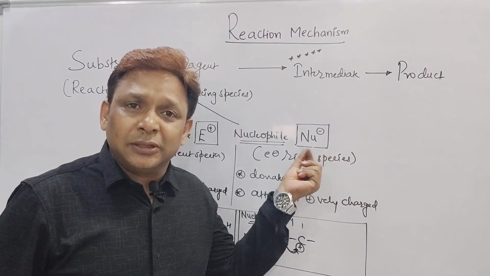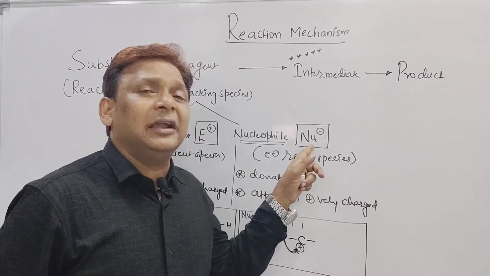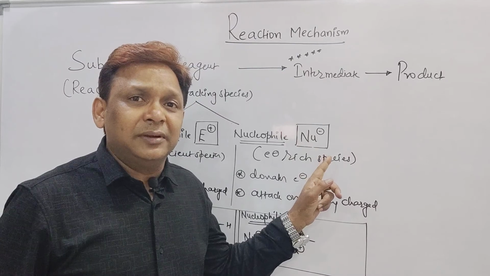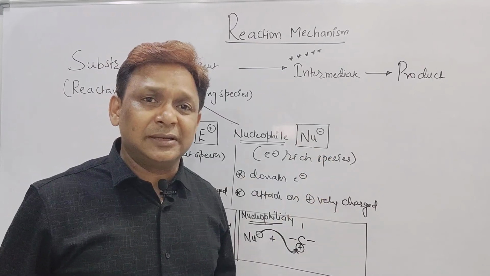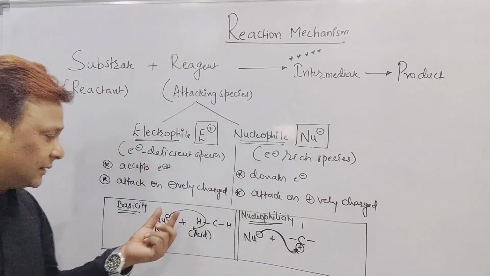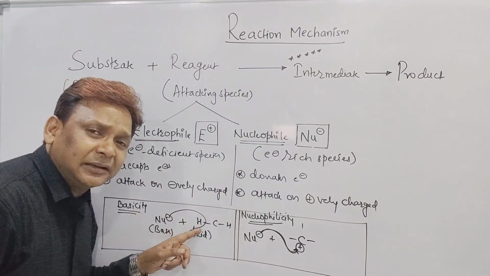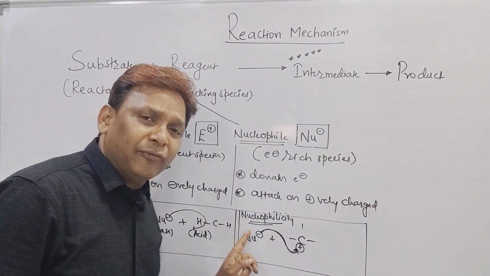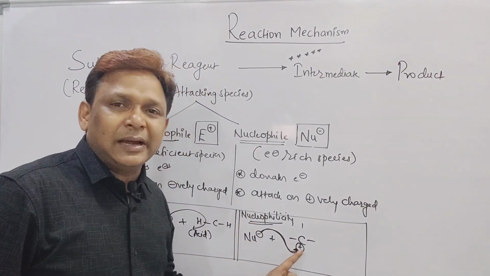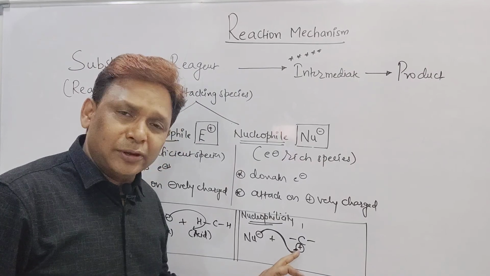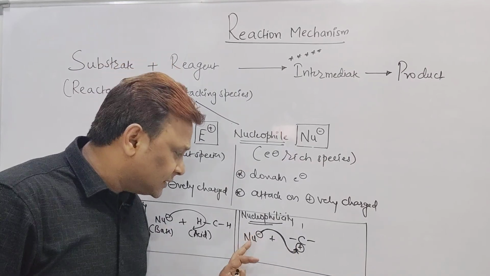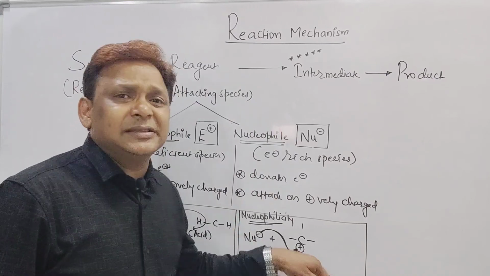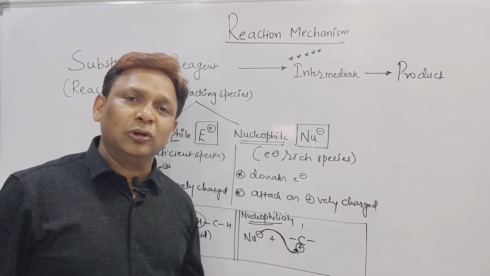It also acts as a nucleophile. It depends where it is going to attack. If it is going to attack on the hydrogen atom, hydrogen will be considered an acidic part. So this nucleophile will act as a base, and its attacking tendency on the hydrogen is called its basicity. But when it is attacking on an atom other than hydrogen, having positively charged species, then these negatively charged species will be called a nucleophile, and its tendency to attack is called nucleophilicity.